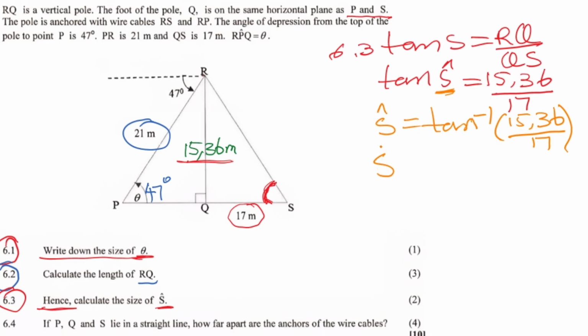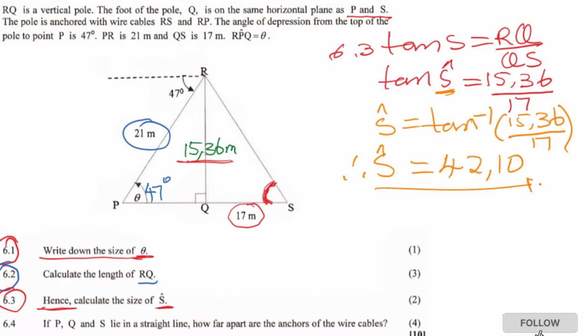Then we press our calculator to get the answer. After pressing my calculator, I get 42,10. That is the angle there, but it must be in degrees. So this is the answer that we get.